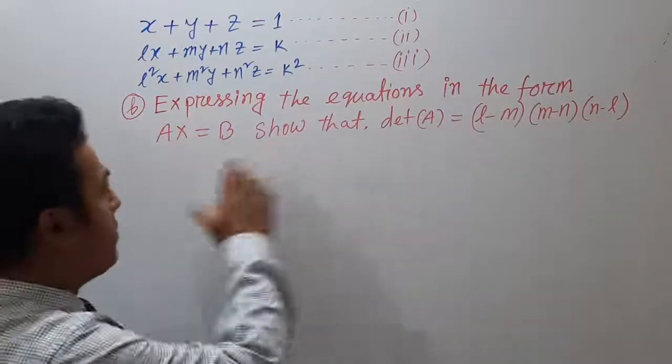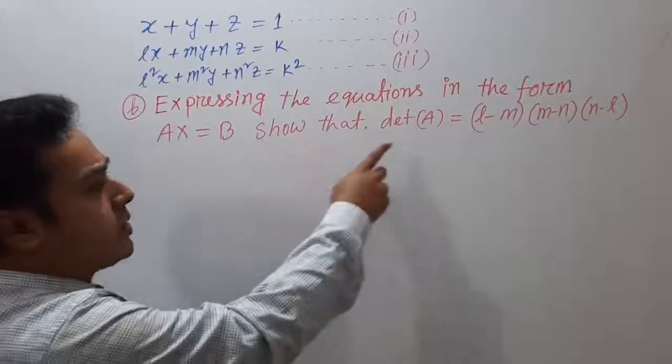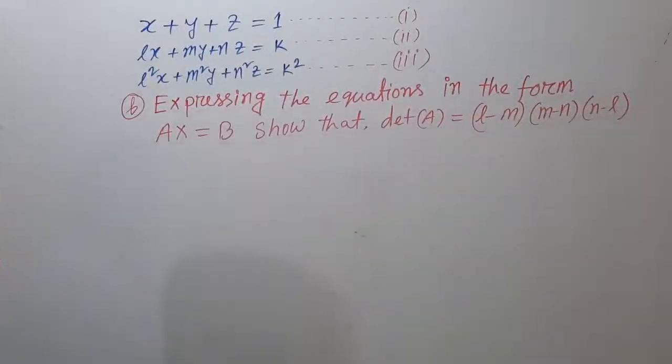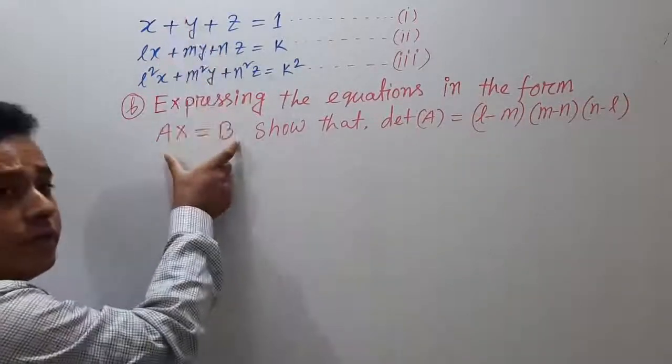Expressing the equation in the form Ax equals B, so that the determinant of A is this. Okay, at first this equation is converted into this form.